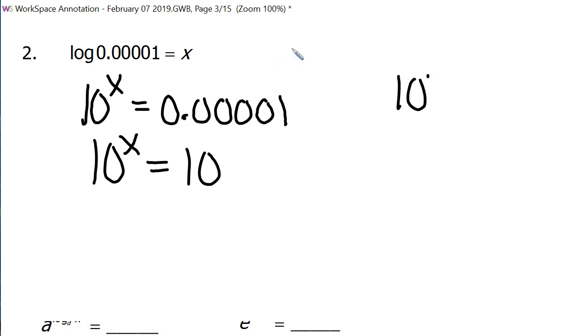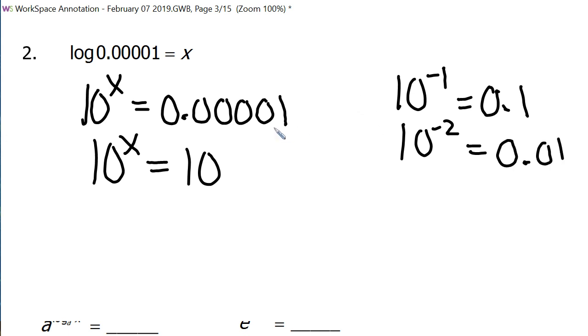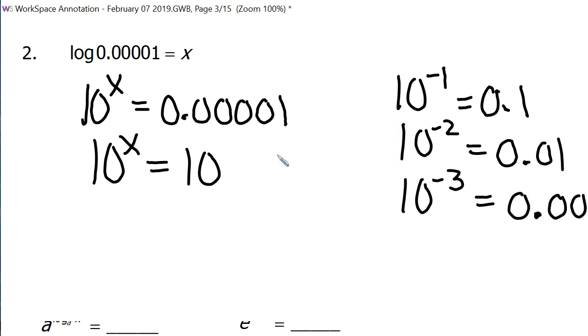Let's see, 10 to the negative 1 is equal to 1/10, which would be 0.1. 10 to the negative 2 is 1/100, which would be 0.01. 10 to the negative 3 is 1/1000, which would be 0.001. So what would the exponent have to be there? 4, 5. Negative 5. So what's our answer? X equals -5.